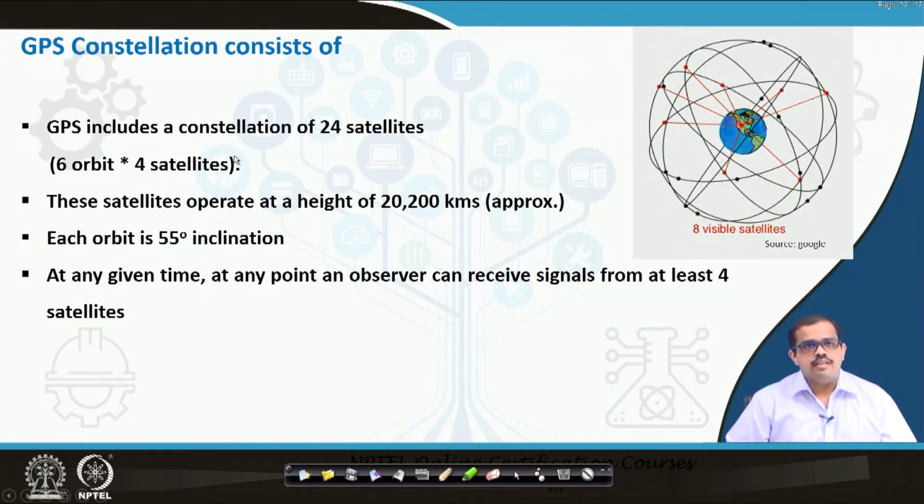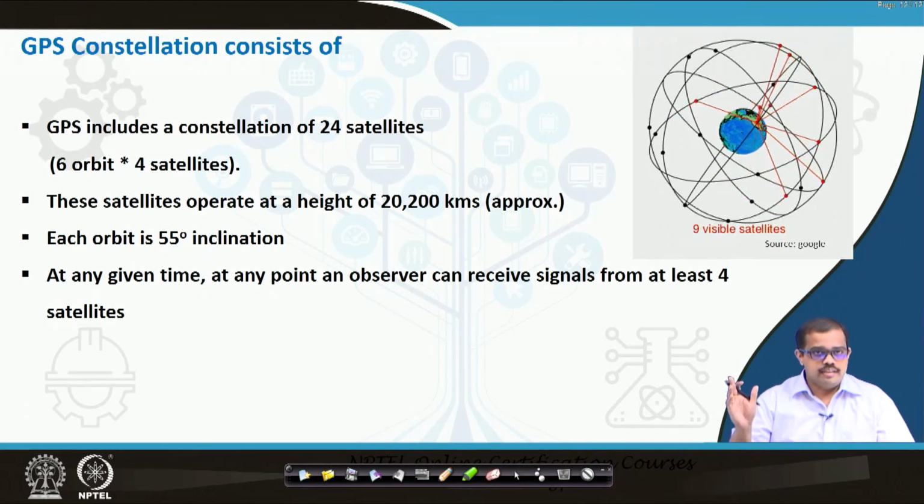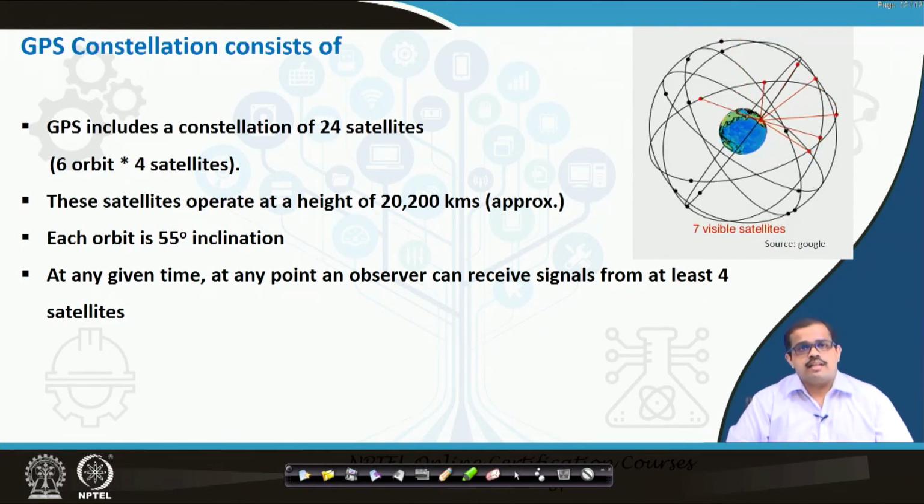Now, when we look at the entire GPS constellation, let me explain it in detail. It is a constellation of 24 satellites, 6 orbits, 4 satellites in every orbit, 60 degrees apart. These satellites operate at approximately 20,200 kilometers, so keep this in mind.